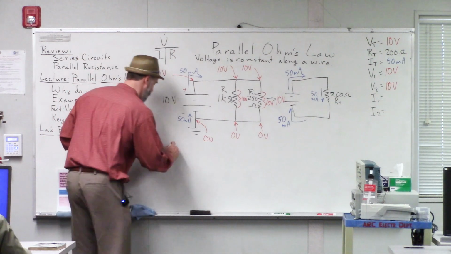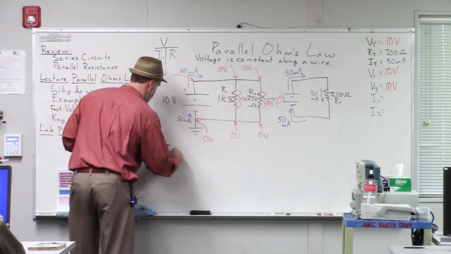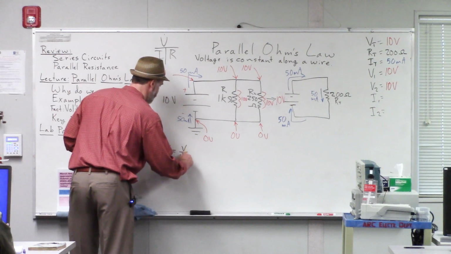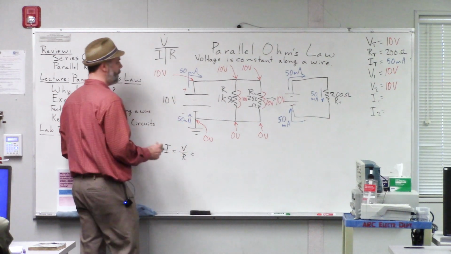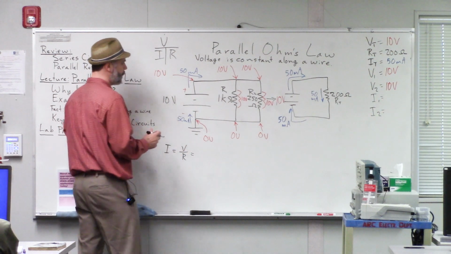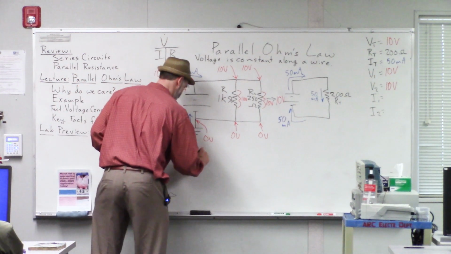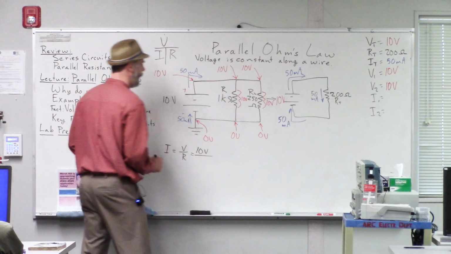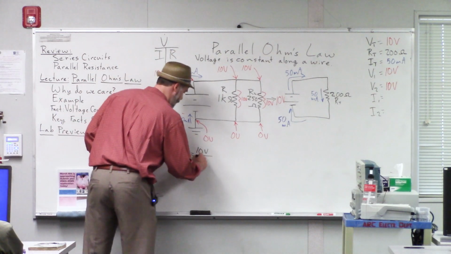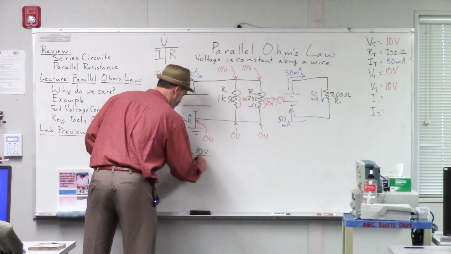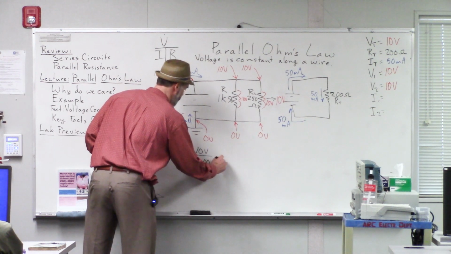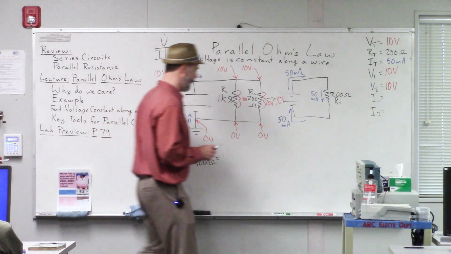So we write down I equals V over R. And so what's our voltage across R1? 10 volts, perfect. And then our resistance here is 1 kilo ohm. I'll just translate that into 1,000 ohms. So what's 10 over 1,000?